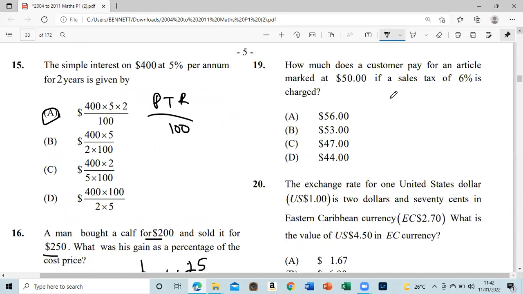Mathematics, guys, right? How much does a customer pay for an article marked $50 if a sales tax of 6% is charged? Now, tax is an increase, so it means that we're going to be paying more. We're going to pay 106%, right? Let's do it the easy way. Find 6% of 50 and add it.